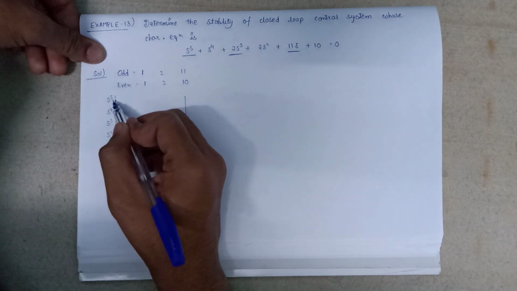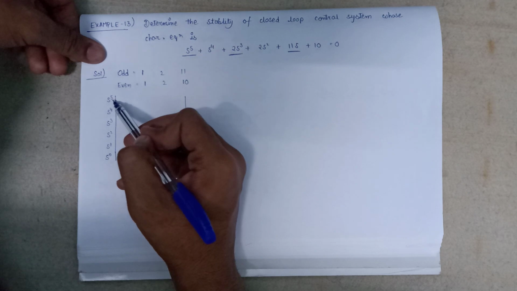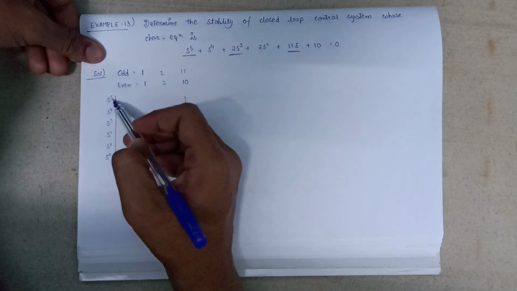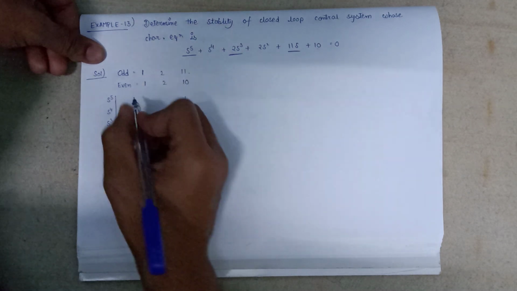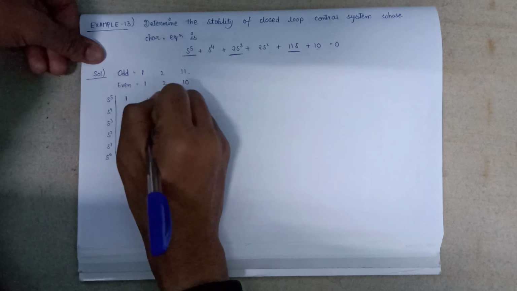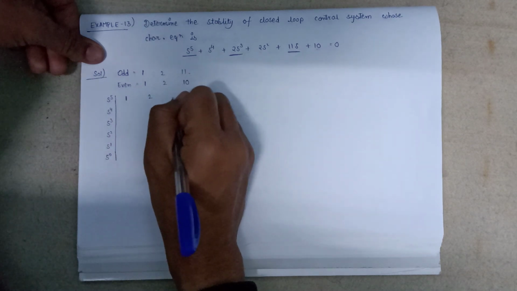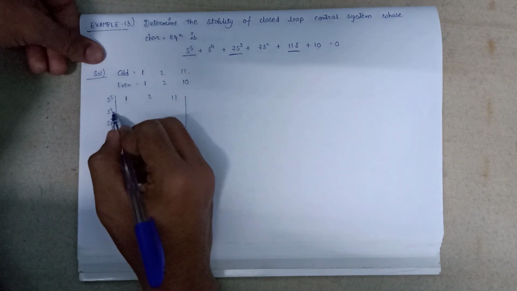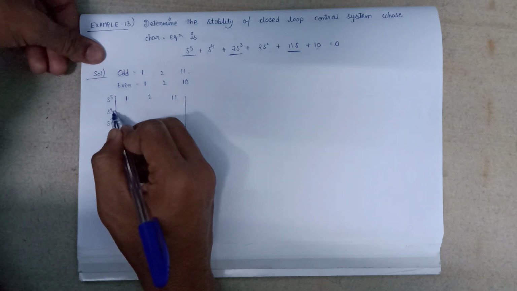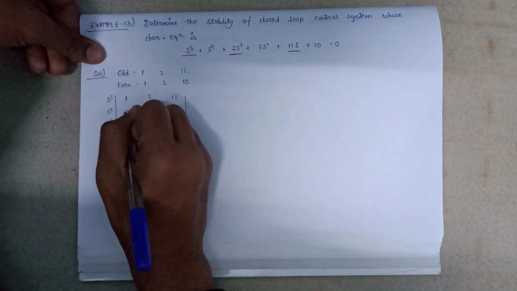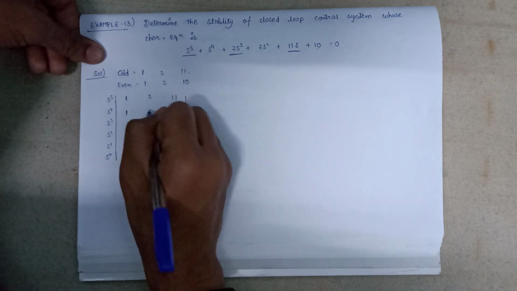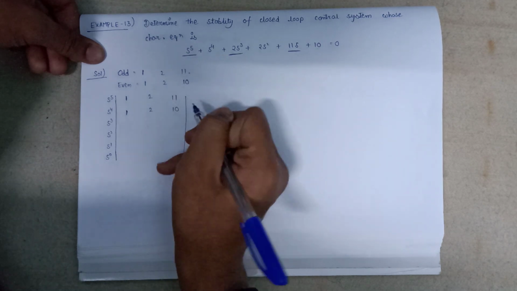Since the highest power of s is s to the power 5 and 5 is an odd number, we will write the odd coefficients first. So 1, then 2, then 11. 4 is an even number, so we will write here the even coefficients: 1, then 2, then 10.